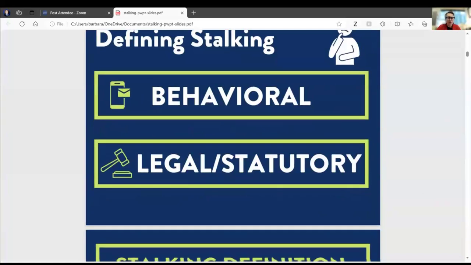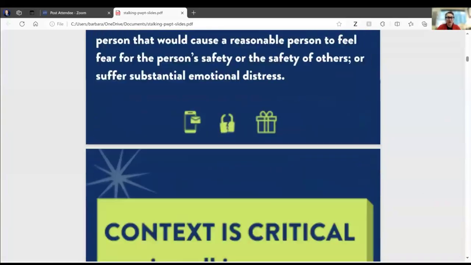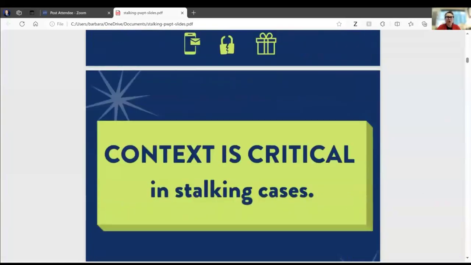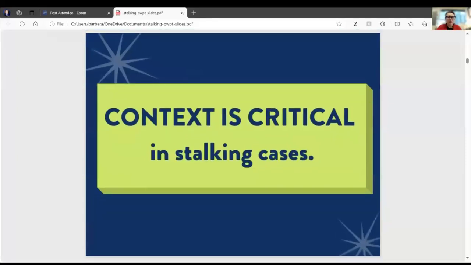In this particular PowerPoint, there is a stalking log available. In addition, you can just Google stalking log or go to the National Network to End Domestic Violence, and they have a lot of resources there, particularly when it comes to stalking.